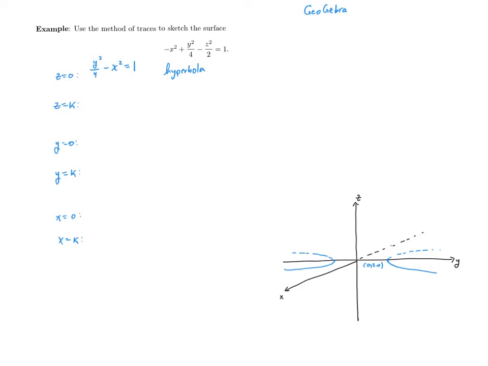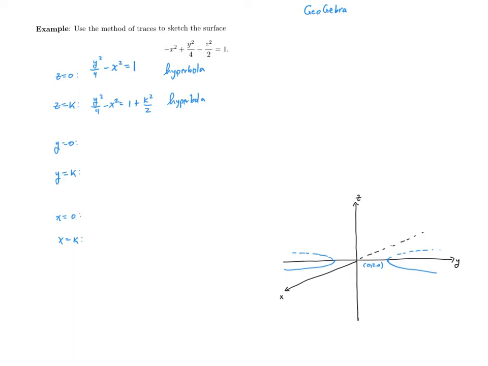Similarly, when z is equal to k, we would have y squared over 4 minus x squared equals 1 plus k squared over 2, which is also a hyperbola. Remember, the key indication that we have a hyperbola is this minus sign separating those two squared terms. Furthermore, because they are hyperbolas, we do not need to worry about any restrictions in k.